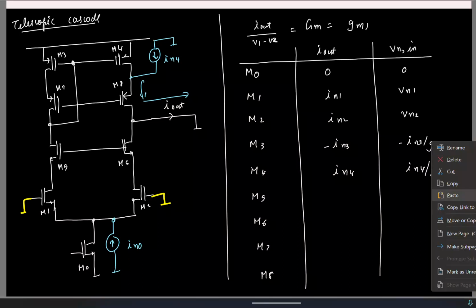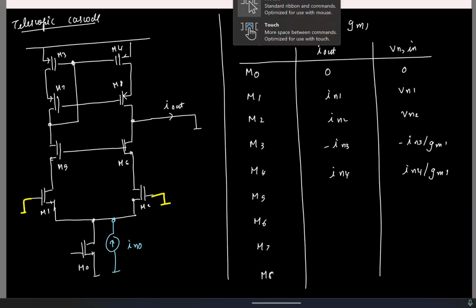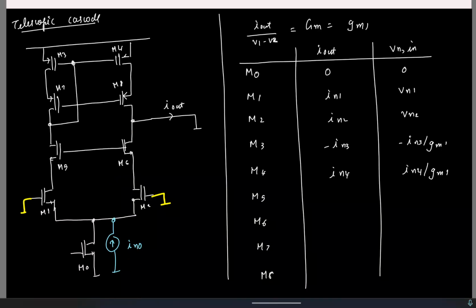Okay. So now let's look at the Cascode transistors. So let's start with M5, M6. So here the noise of this transistor M6, I can model it using either a current source or a voltage source. So let's say I do it with a voltage source. Remember that these are all incrementally short.